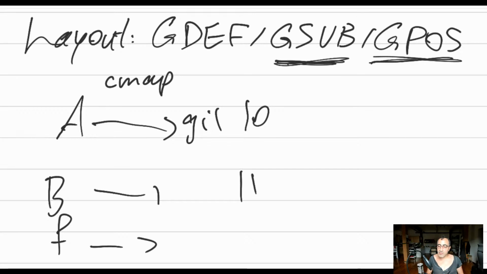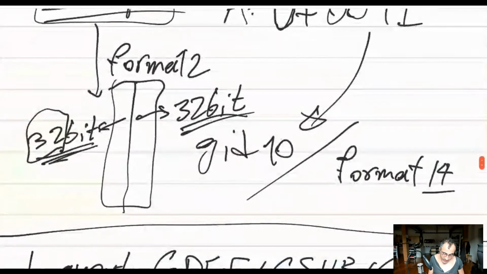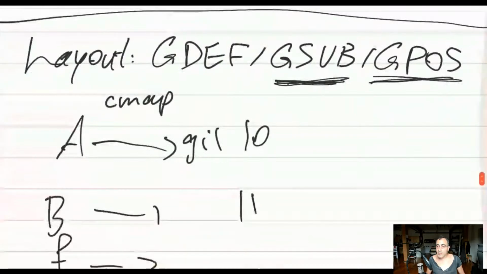But yes, there are a couple of questions. I'll quickly address them and then continue. So Ken mentions that the format 13 CMAP table also uses 32-bit GID. Yes, that's correct. 12 and 13 both work. They don't need any change. And then Peter Constable observes that all tables have a 2 to the 30 limitation.